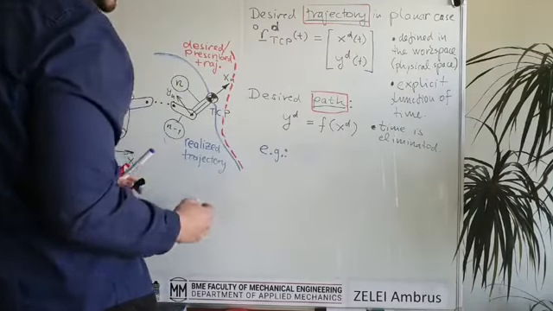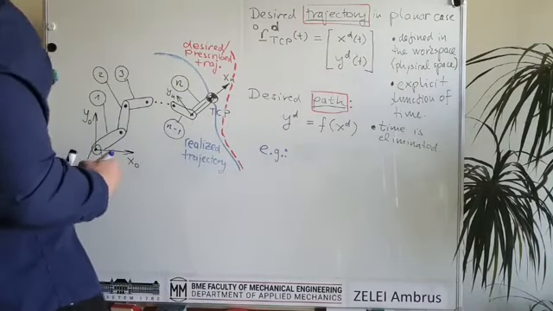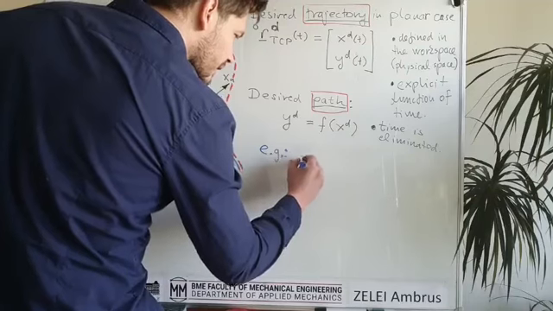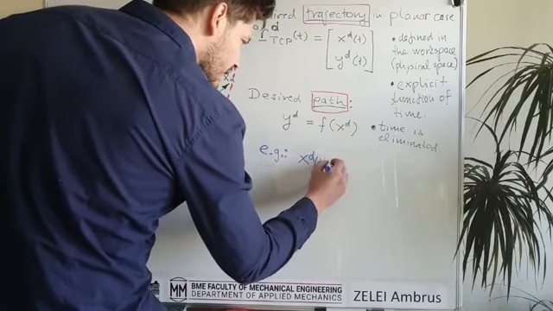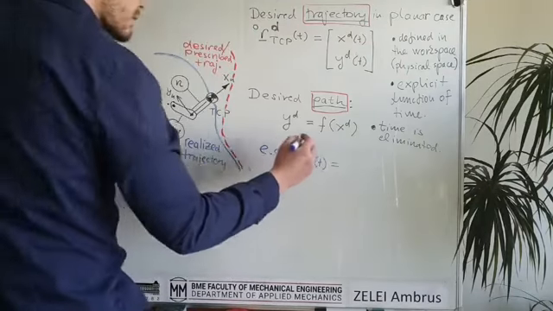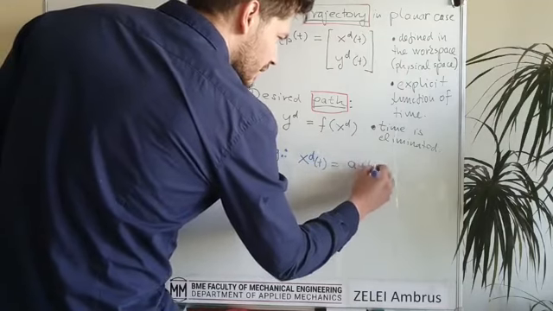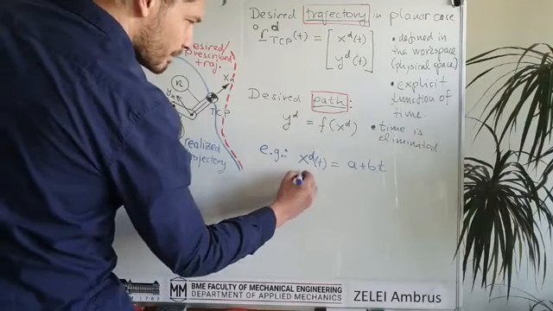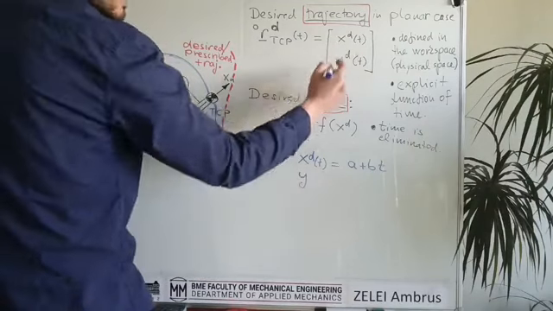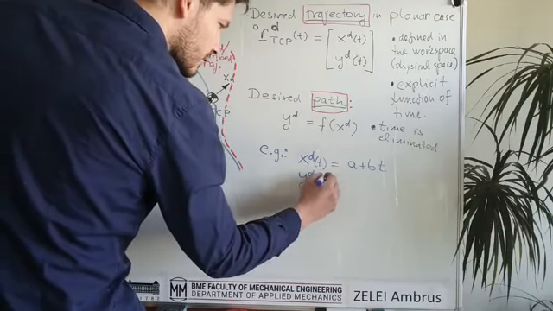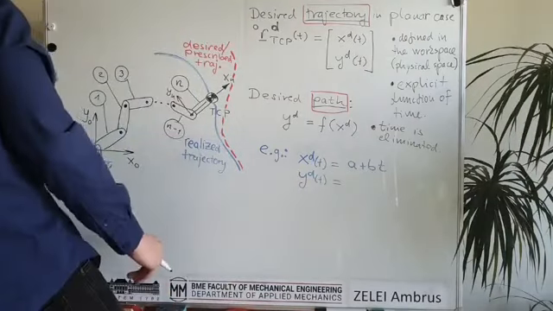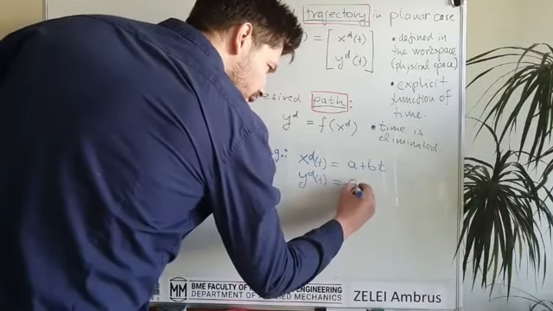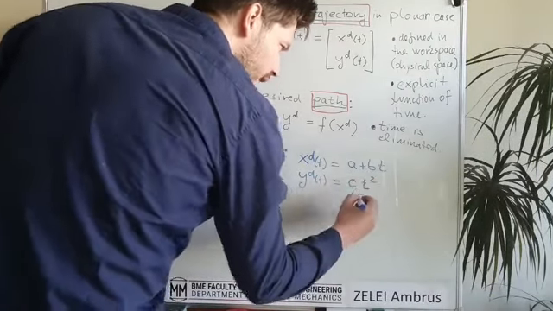For example, we can say that the desired x is equal to, for example, a plus b times t. Okay, this is an explicit function of time. And the vertical component is, for example, another constant term times t squared.